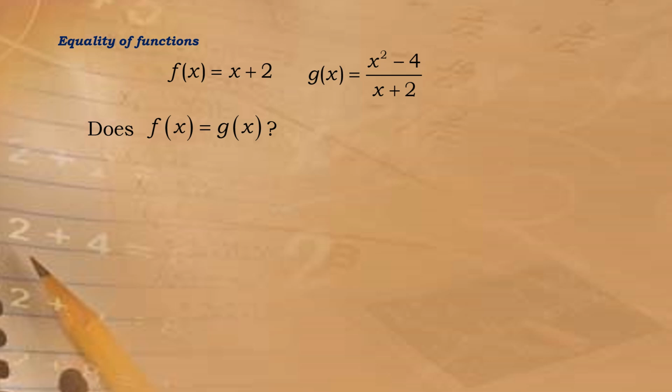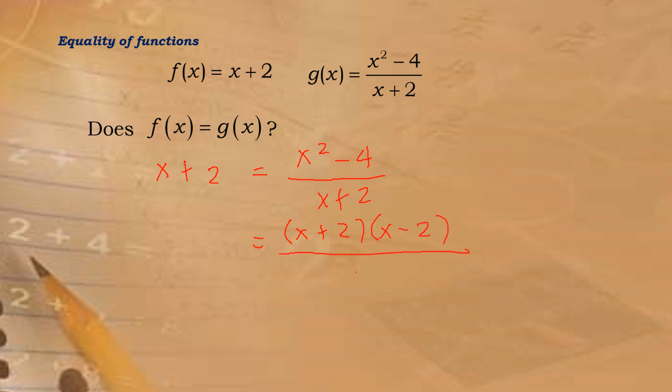Okay, another one: f of x equals x plus 2, and g of x is x squared minus 4 over x plus 2. So f of x is a simplified expression, while g of x can be simplified. The factor of x squared minus 4 is x plus 2 times x minus 2.